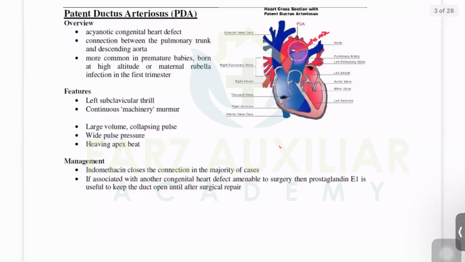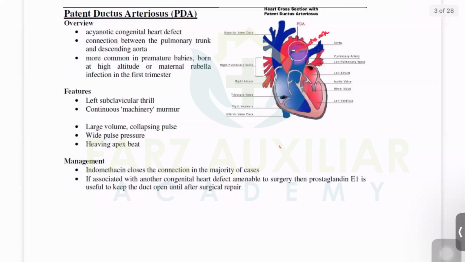So the ductus arteriosus needs to get obliterated once the child is born. That is the natural course of action. But in some cases, the ductus arteriosus fails to get obliterated. That is known as patent ductus arteriosus.